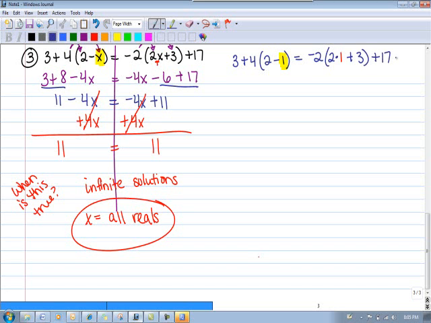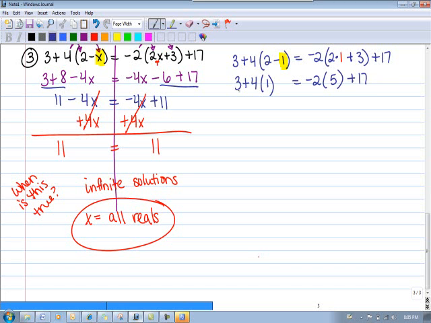Okay, order of operations says that I have to simplify inside the parentheses first. So this is 3 plus 4 times 2 minus 1 is 1, equals negative 2 times 1 is 2, plus 3 is 5. So this is negative 2 times 5 plus 17.